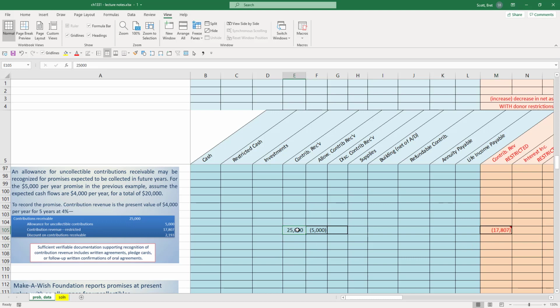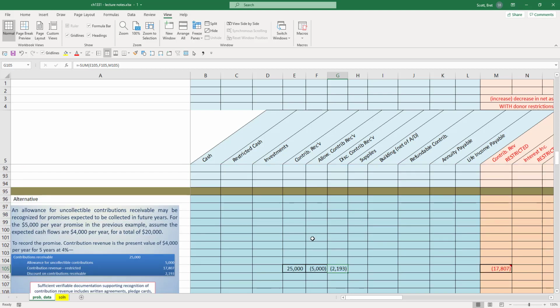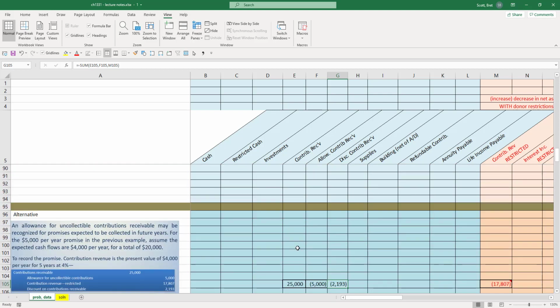What's the discount in this case? $2,193. That's how we determine the present value if we are careful about estimating the probability of collectability. Otherwise, we go about and do the same procedures we've seen above.